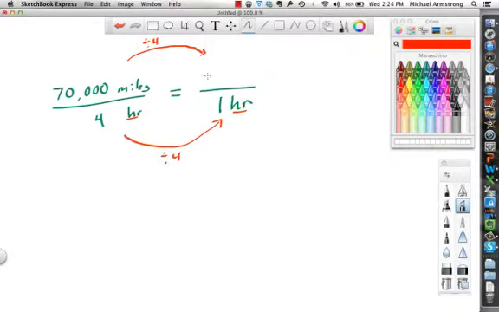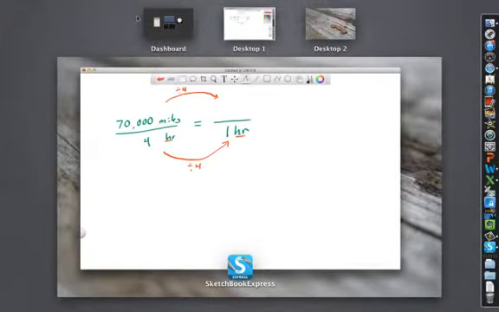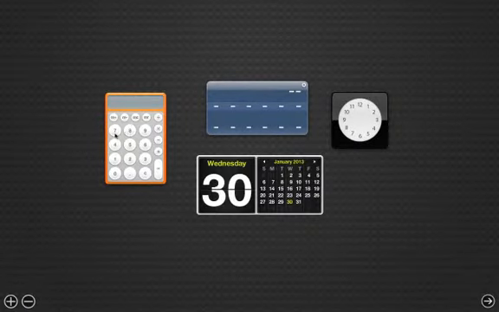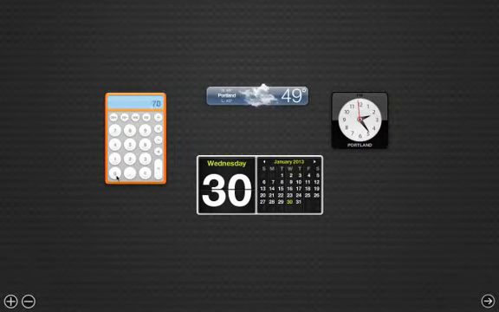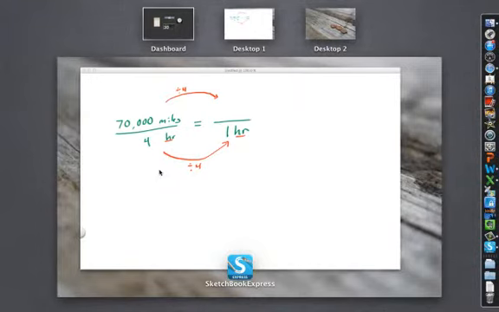And 70,000 divided by 4, we're going to have to go up to our dashboard real quick. Do a quick calculator. 70,000 divided by 4, and just to see what we get, it's 17,500. So 17,500 is our answer.